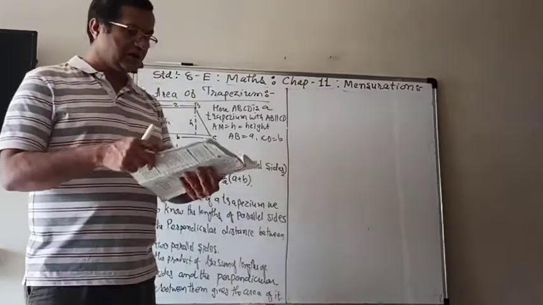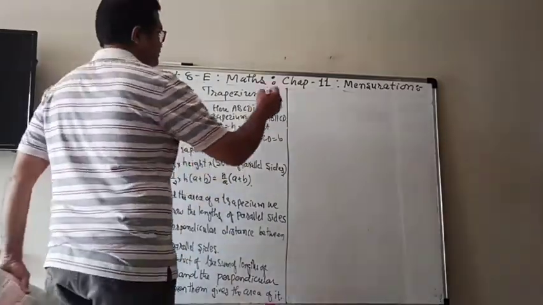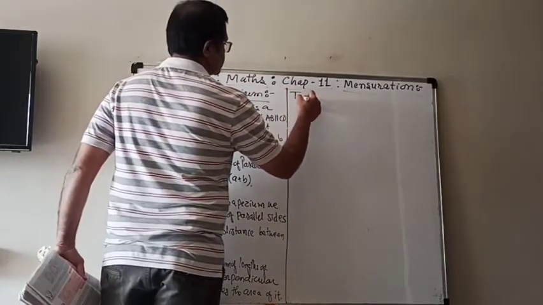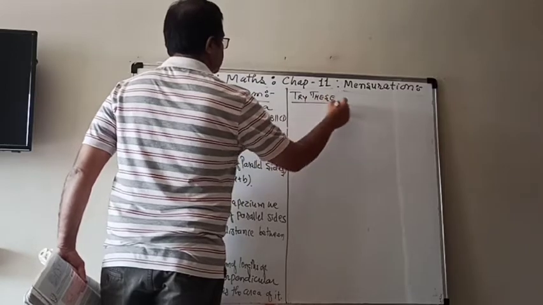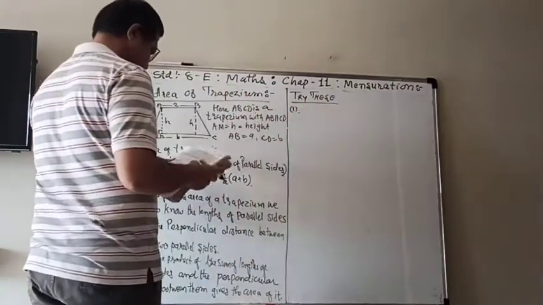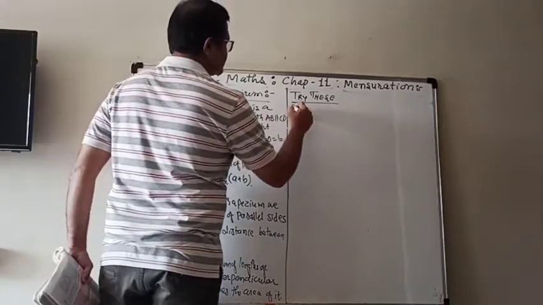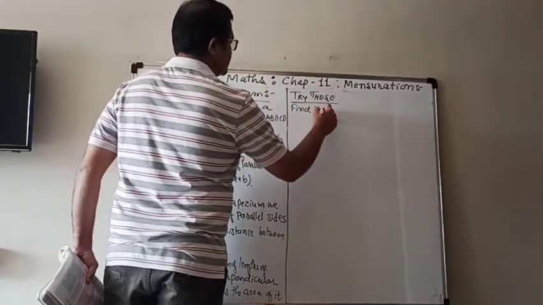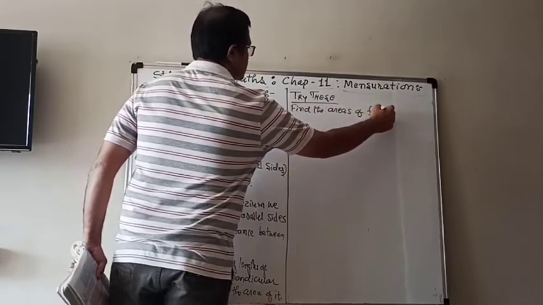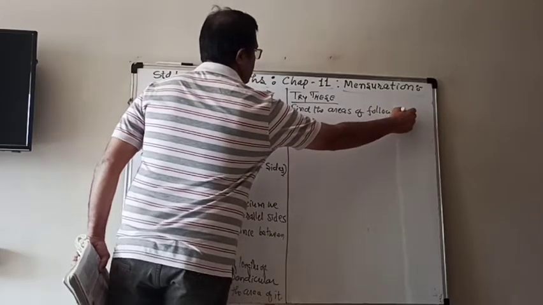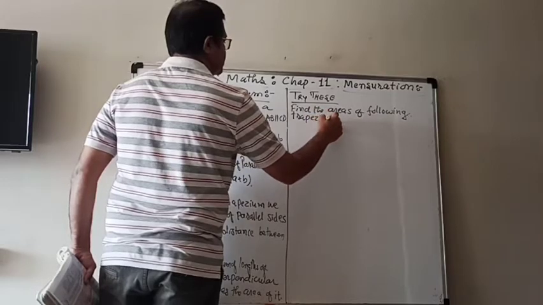Let us understand with the example in the Try This. First one: find the areas of the following trapeziums.